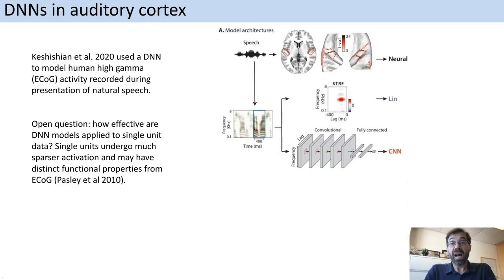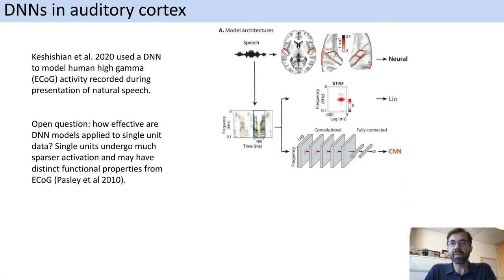DNN analysis has not been applied as much in the auditory system, but recently our collaborators used the same general approach to study encoding in human auditory cortex using LFP data recorded from human epilepsy patients undergoing monitoring for treatment. And they used a similar architecture of these layers of LN units as are illustrated in the bottom of this picture here.